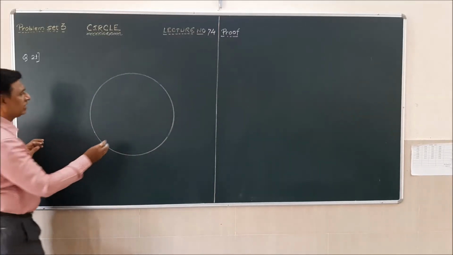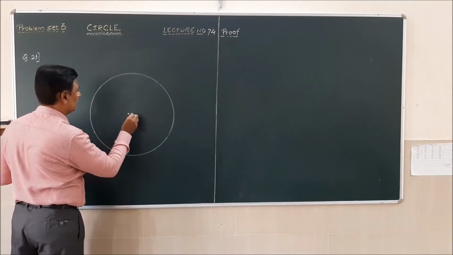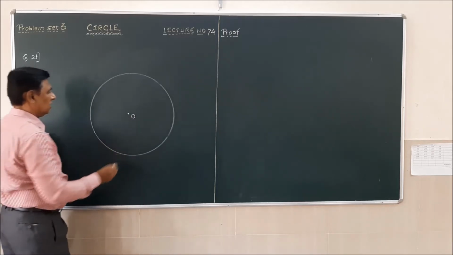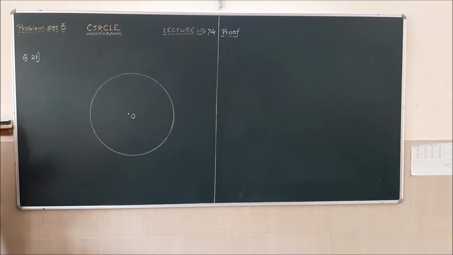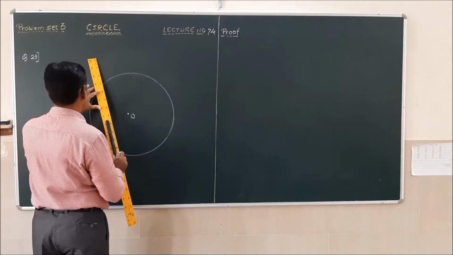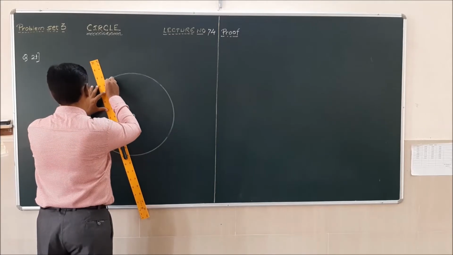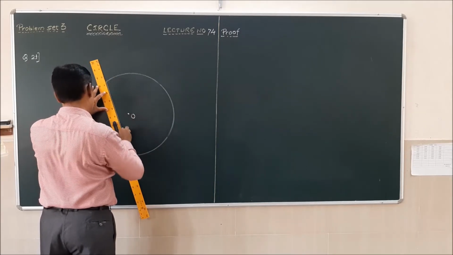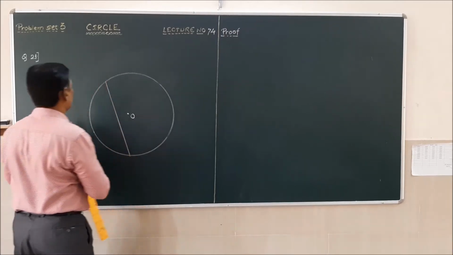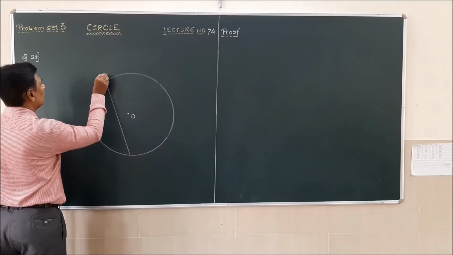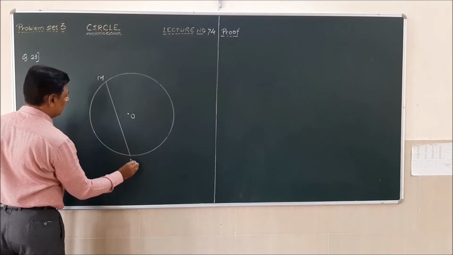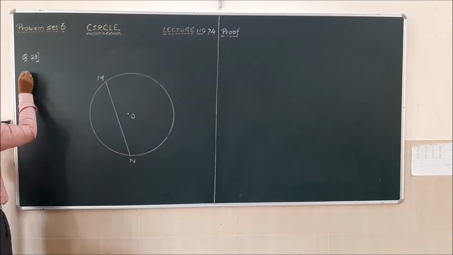In this case, you will find O is the center of the circle. Then you will find there is a chord MN. Length of chord MN is 25.